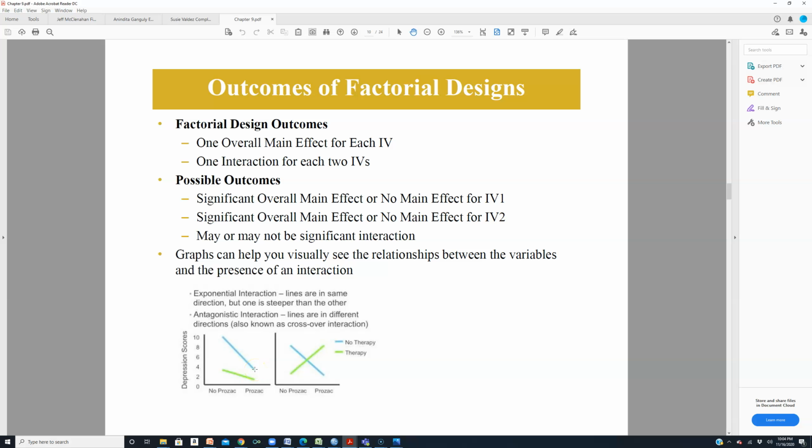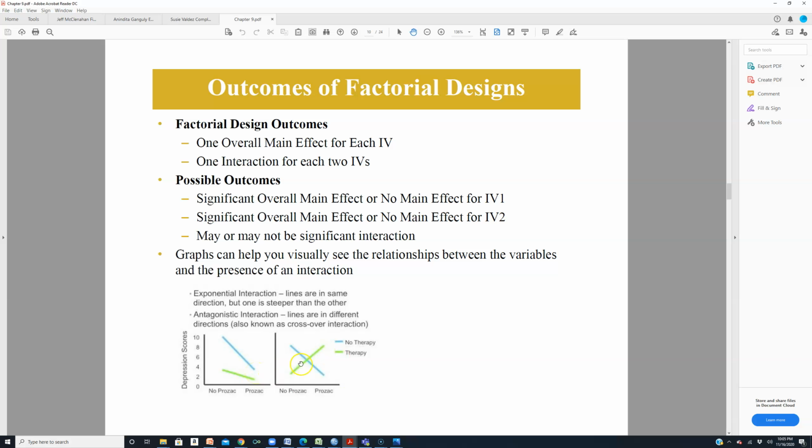Prozac with no therapy and Prozac with therapy had similar scores. Those distances aren't huge, but look at the no Prozac with therapy had significantly lower depression than the no Prozac without therapy. So it seems like therapy was helping even when Prozac wasn't present. When Prozac was present, the therapy didn't make as much of a difference.